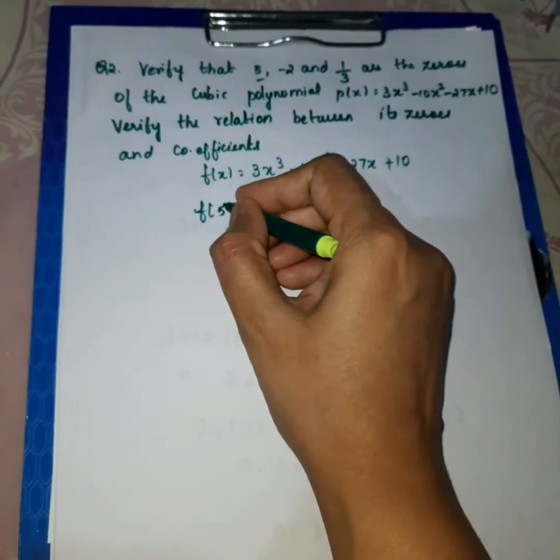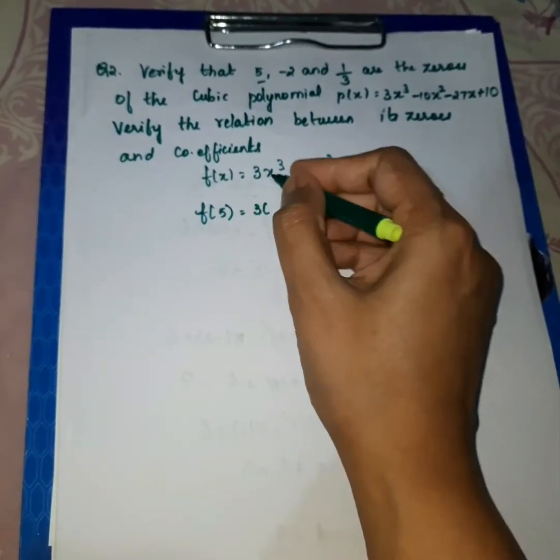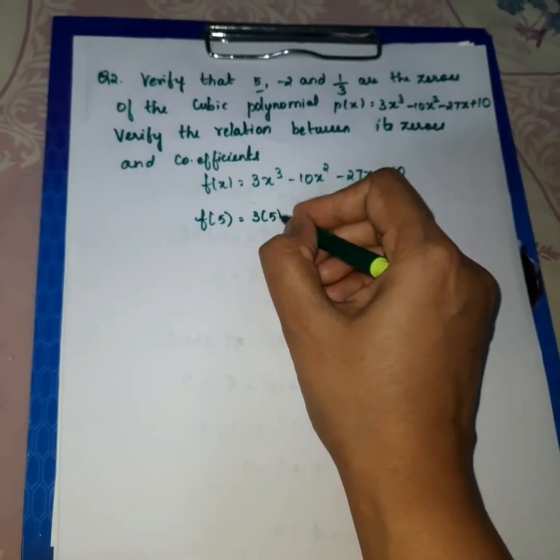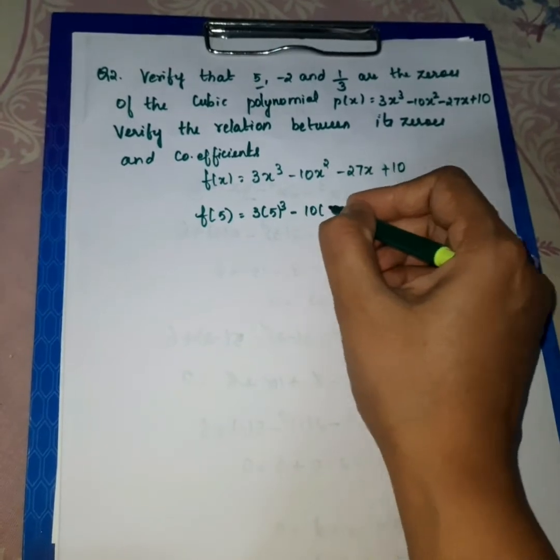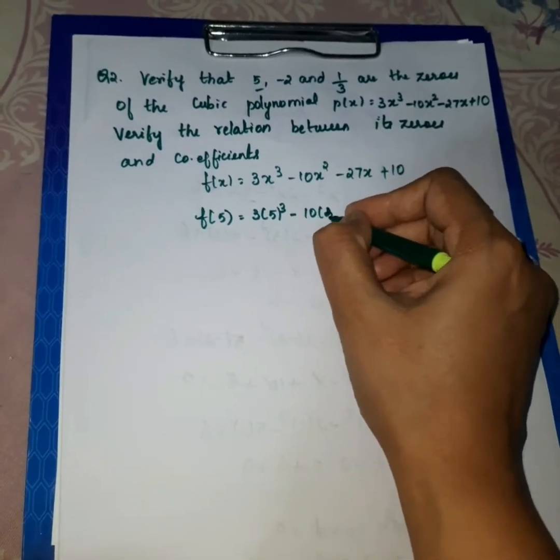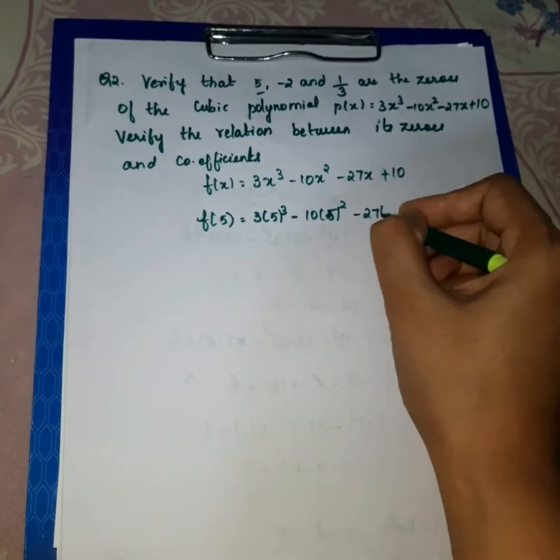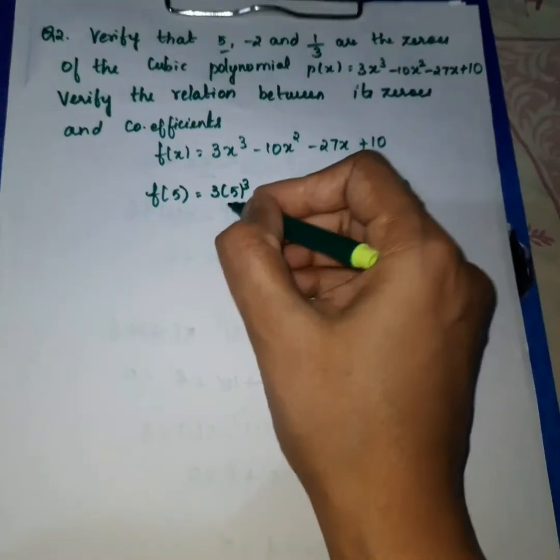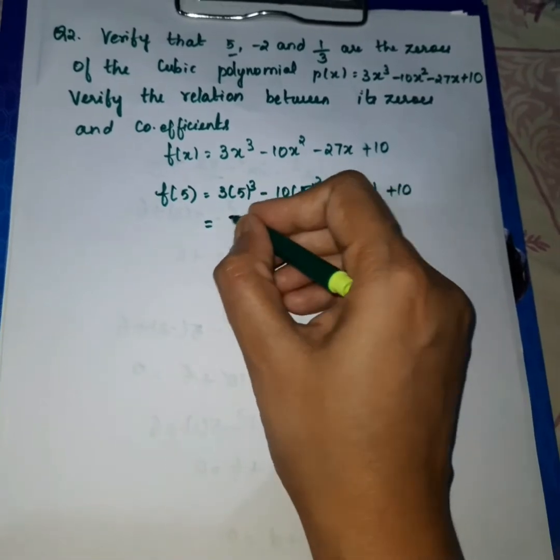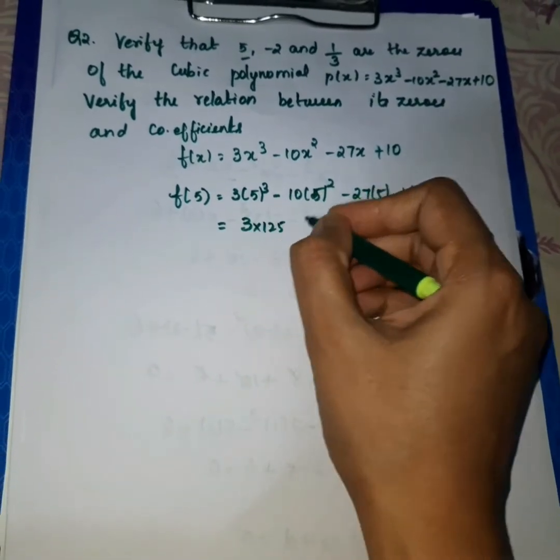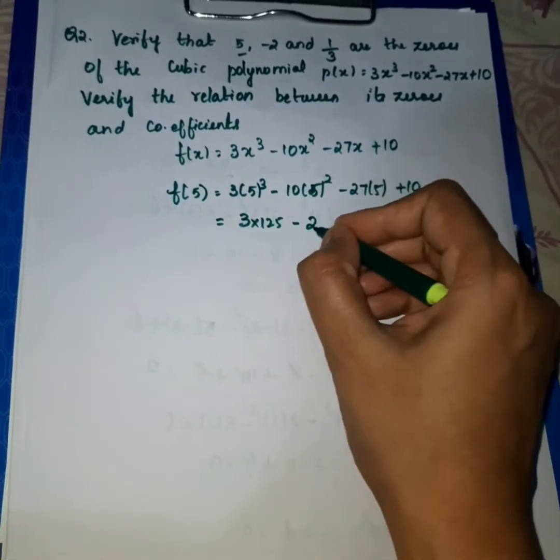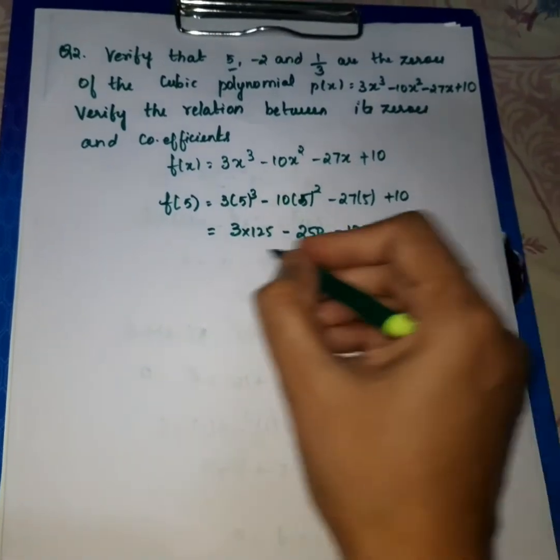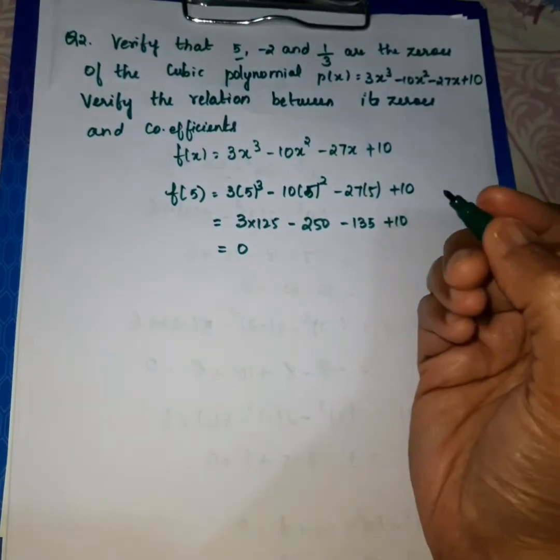So first let's do f of 5. 3 into 5 cube minus 10 into 5 square minus 27 into 5 plus 10. So that's going to be 5 cube is 125, 3 into 125, and 5 square is 25, into 10 is 250. 375 minus 250 minus 135 plus 10. So this is going to be 0.